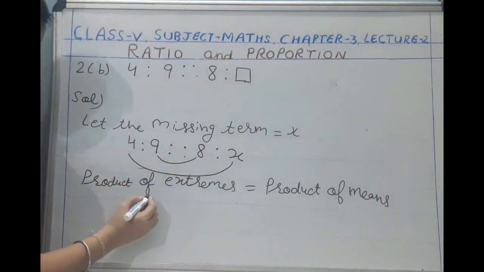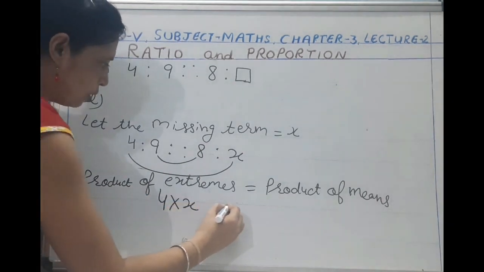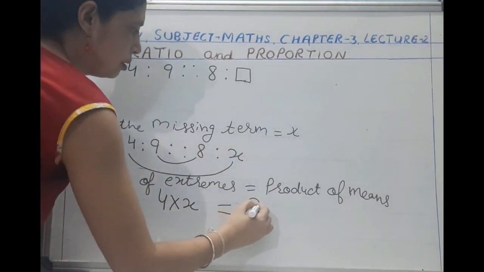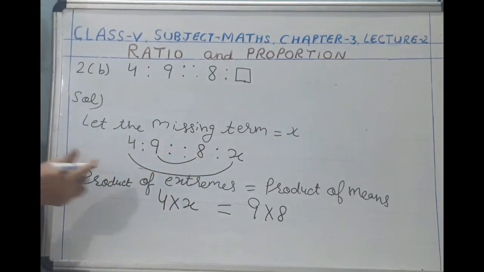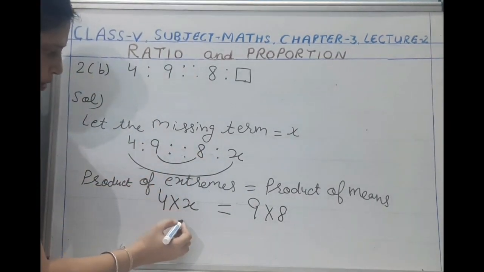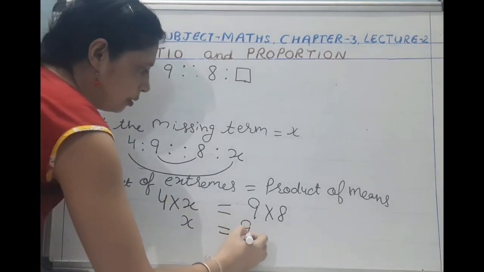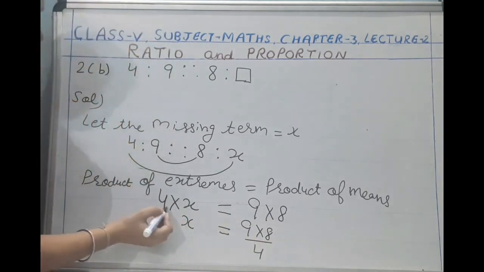Product of extremes, 4 into x, is equal to product of means, 9 into 8, meaning the second and third terms. Now x we have to find out. x will be written here on the left side. 4 will be shifted and will become the denominator, as it was in multiplication.